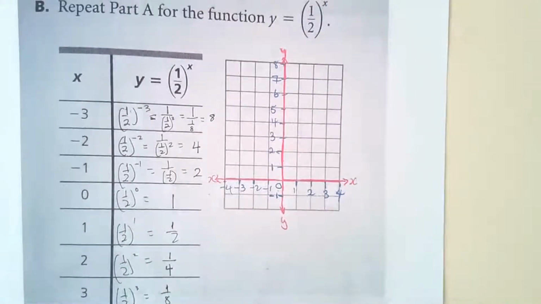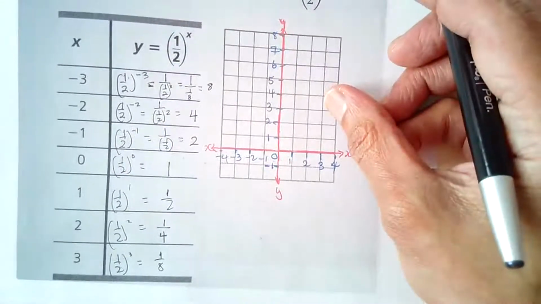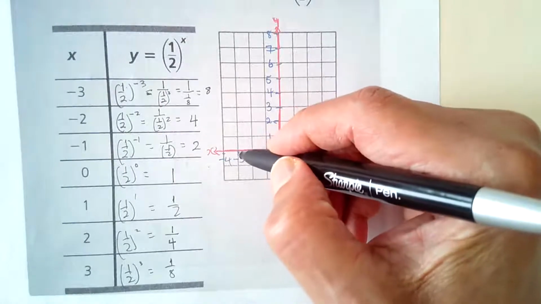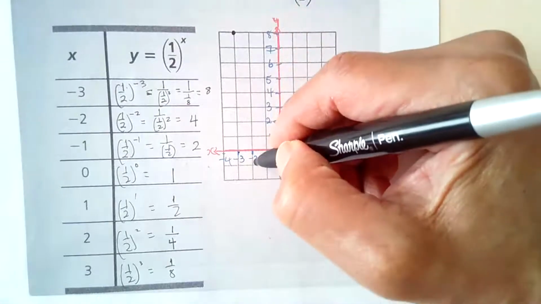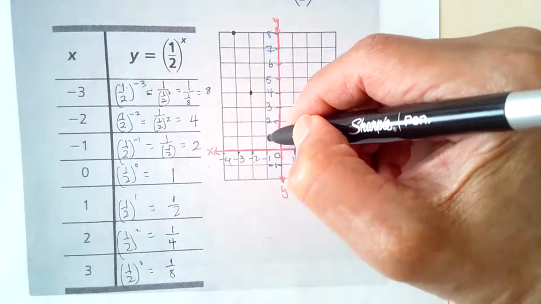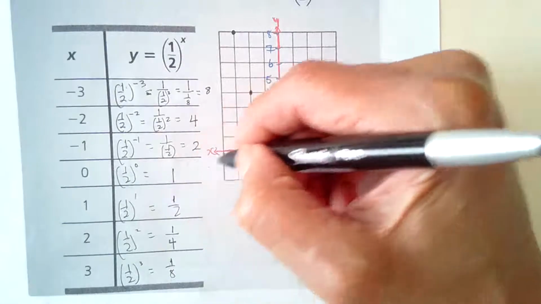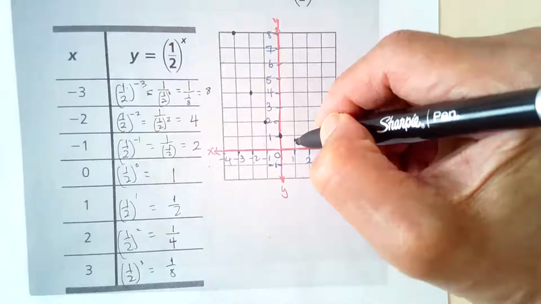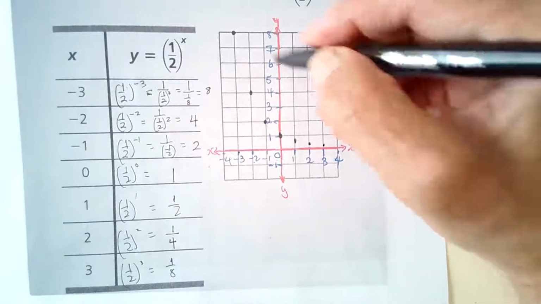Now let's plot our points. We have -3, 8; -2, 4; -1, 2; 0, 1; 1, 1/2; 2, 1/4; and 3, 1/8.